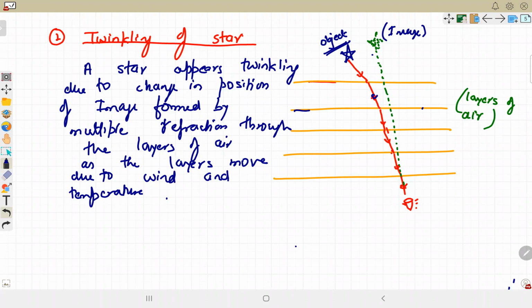So that shift or change in the position of the image gives the twinkling effect.